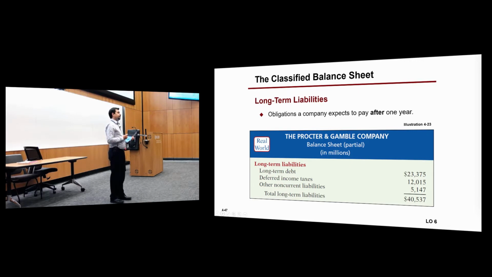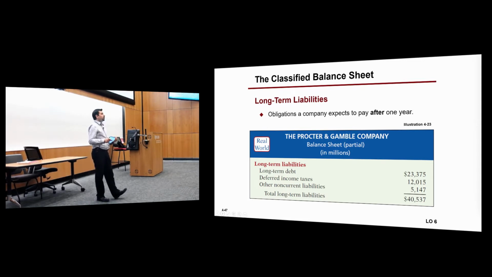Sorry, can you explain the current maturities again? Current maturities are, for example, let's say that you had a 5-year note payable. You remember that when we said that the principal will be paid when it matures, right? Only at maturity. You are going to pay back the debt on that day. Let's say that this day is next month.